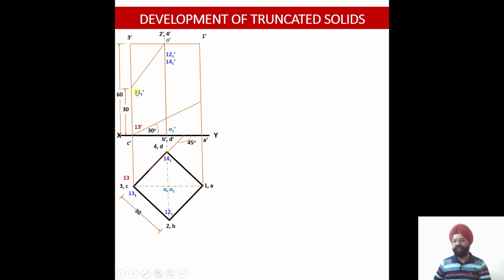So this is 13 1 dash because it corresponds to the upper cutting plane, and all the points of intersection corresponding to the lower cutting plane will not have any suffix, only the 13 dash point. So again it lies on 3 dash C dash. So the vertical projector will be lying on 3C and 13 1 point over here.